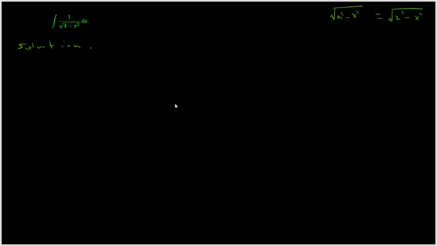I will show you how we want to get rid of the radical, the square root. Let x be 2 sine of theta. What we will do is use the substitution to convert the integral to a new integral of theta.